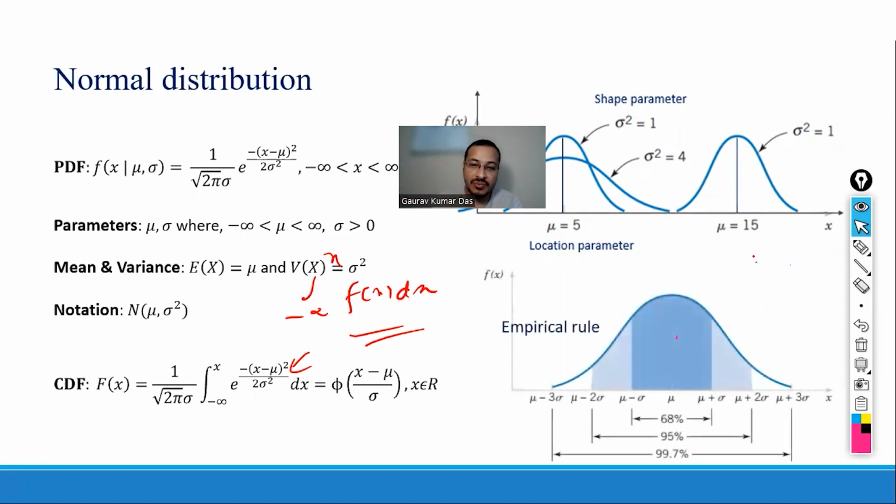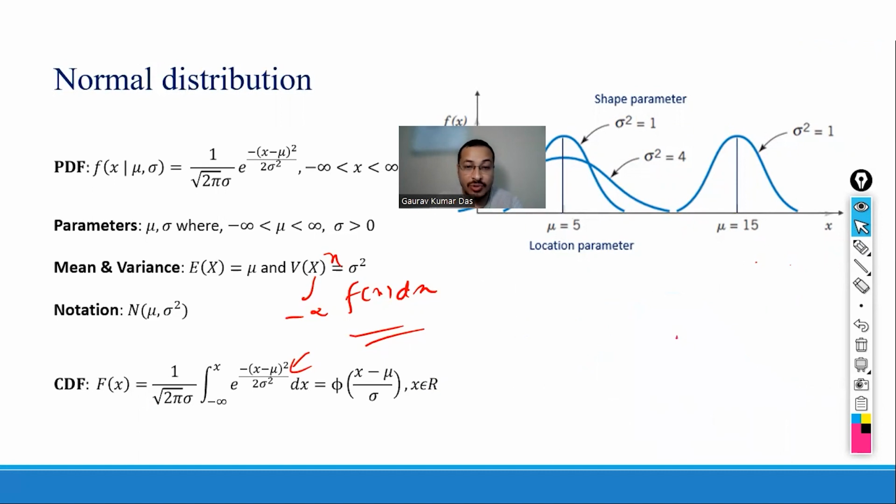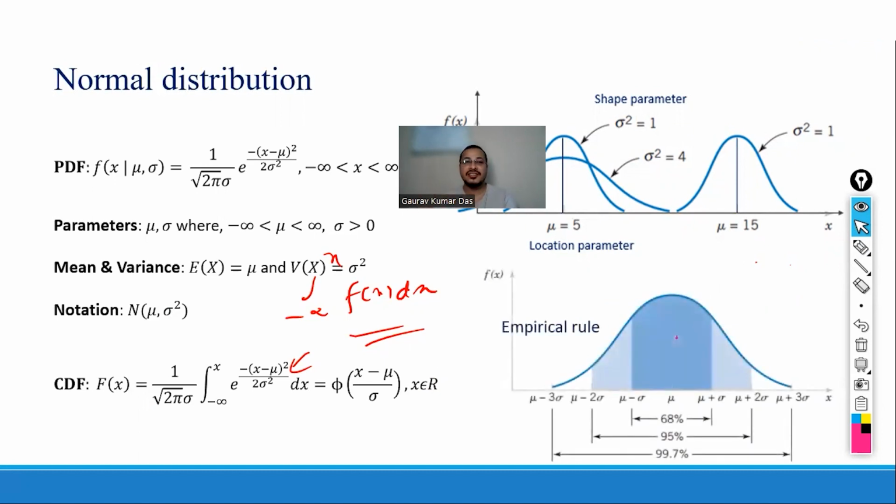So scientists have found other ways to convert this normal distribution to a much easier format, and that is called a standard normal distribution.